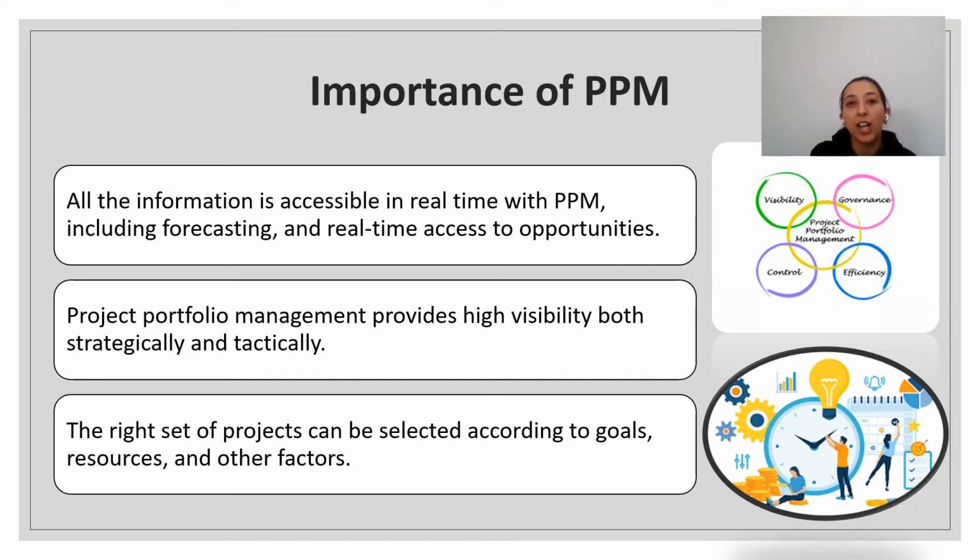In terms of strategic as well as tactical visibility, project portfolio management provides high levels of visibility. By analyzing past projects, one can gain insight into factors such as project cost, profits, durations, quality, and resources used. By improving predictive analysis, resources can be used better, risk managed better, and projects can be selected better.